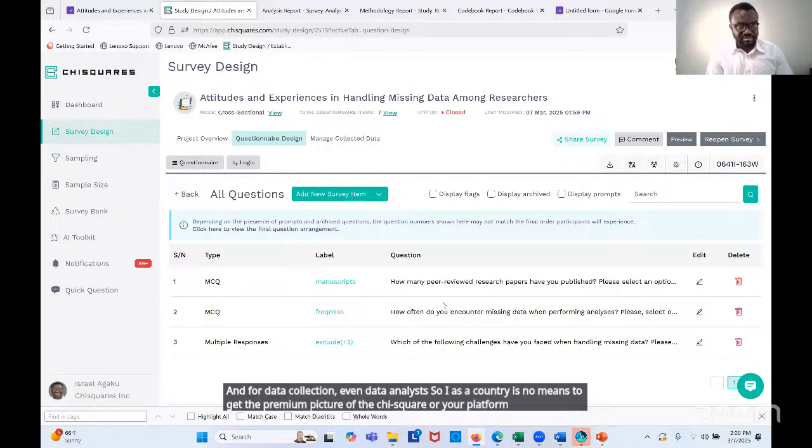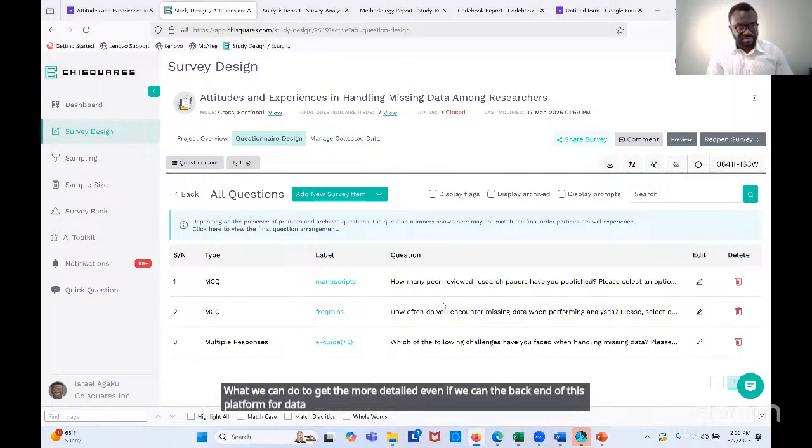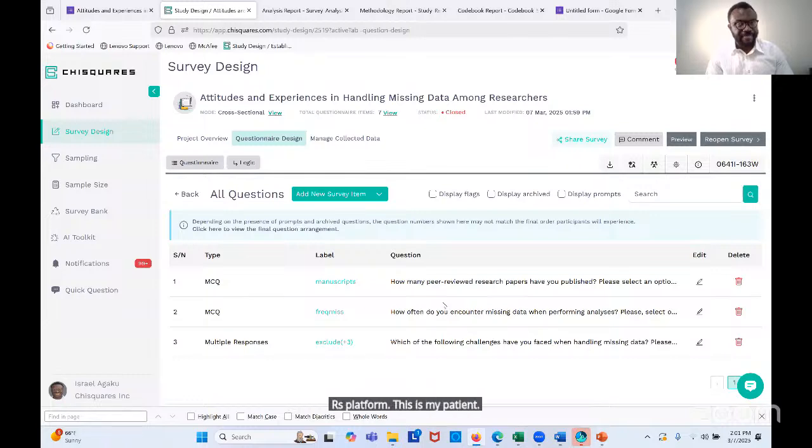So what can we do to get more detail, even the backend of this platform for data collection? And lastly, I need, as an individual, or we need more detailed training concerning this platform, Chi-Square data collection. This is my question. Thank you very much.